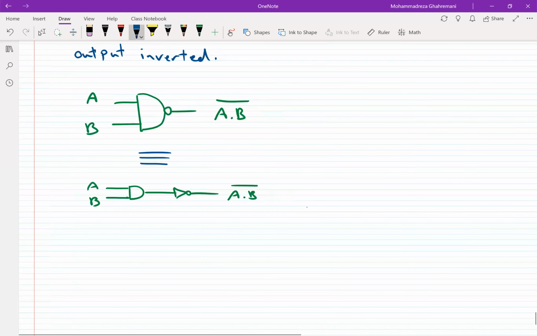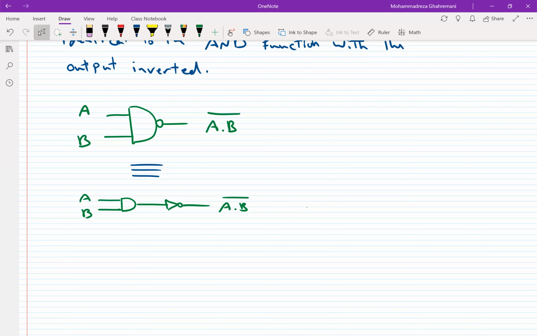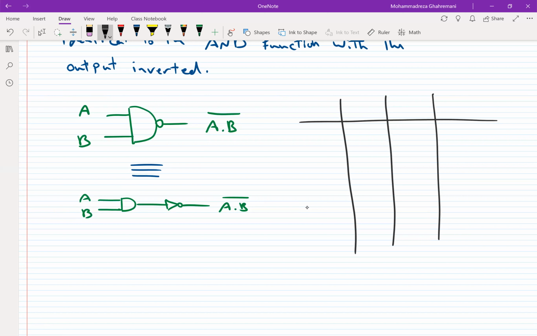And the truth table for NAND function, let's just find it. If we have A and B, which can be 0, 0, 0, 1, 1, 0, 1, 1. Now let's show the AND of this function. For AND, we know that the output is 1 if all the inputs are 1.